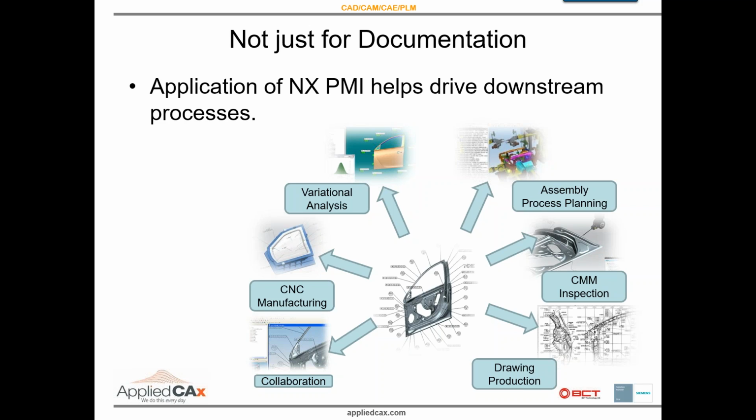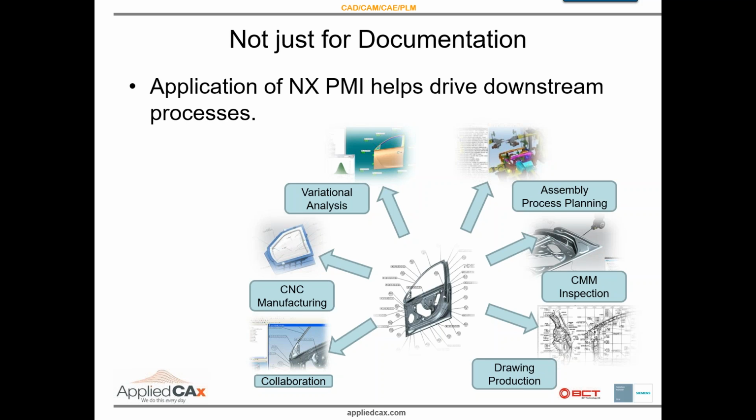You put part A to part B and look at the stack-up. You can obviously do this with multiple parts, and it's much more effective than hand calcs or having a little spreadsheet that does your stack-up analysis. You can also do assembly process planning, again with visualization tools. You can show people how things go together.